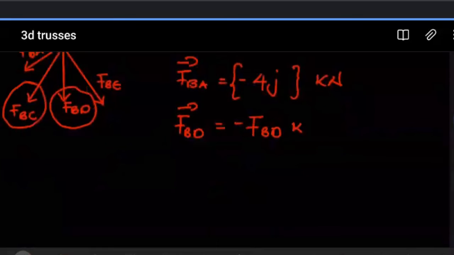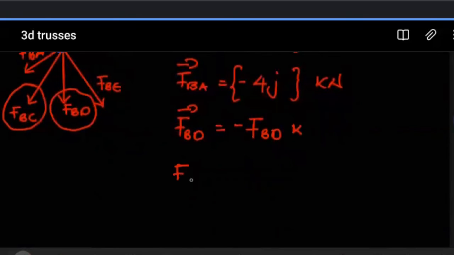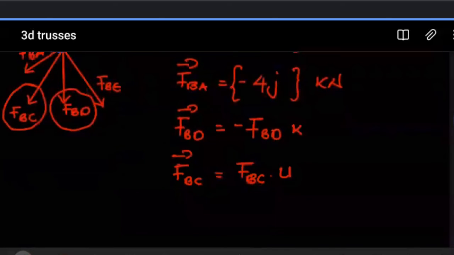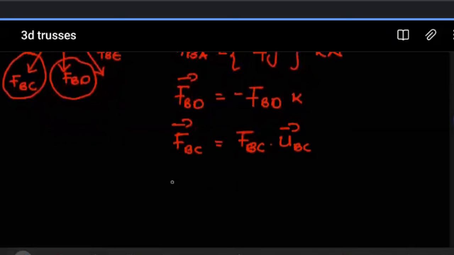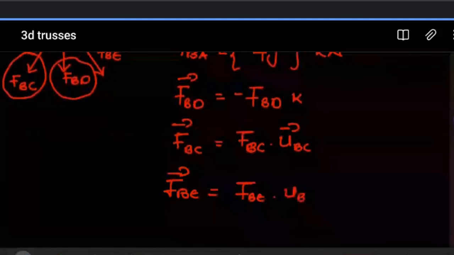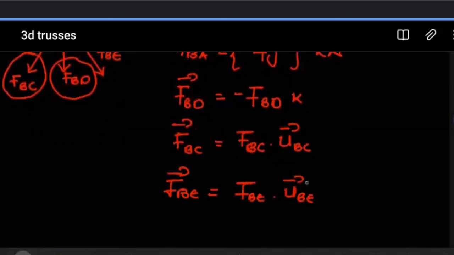But let me just express them in the form FBC is equal to FBC itself, multiplying a unit vector that runs from B to C. Same thing, FBE is equal to the magnitude multiplying a unit vector from B to E. Now it's these that we have to find, the unit vectors.